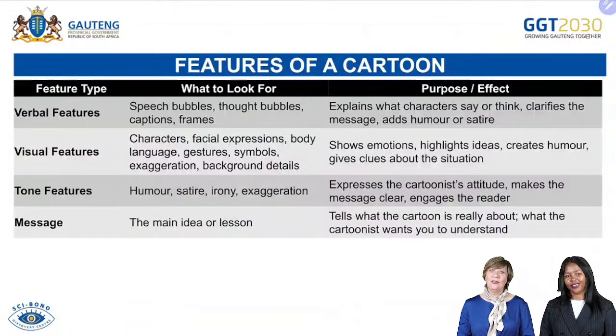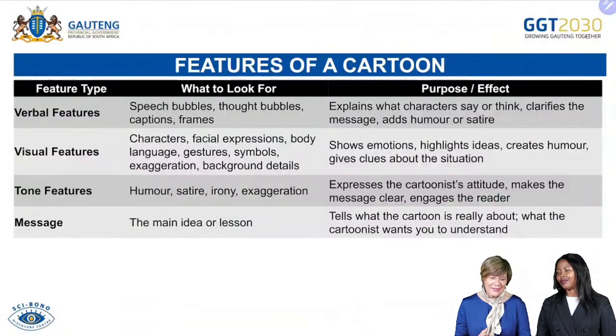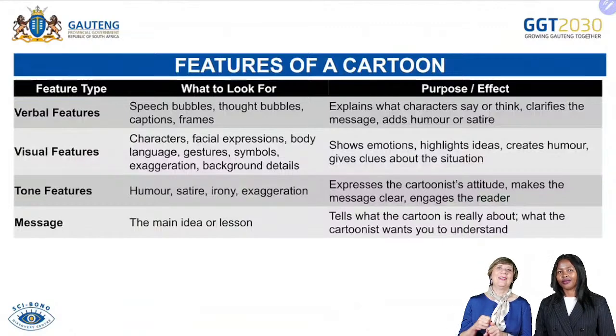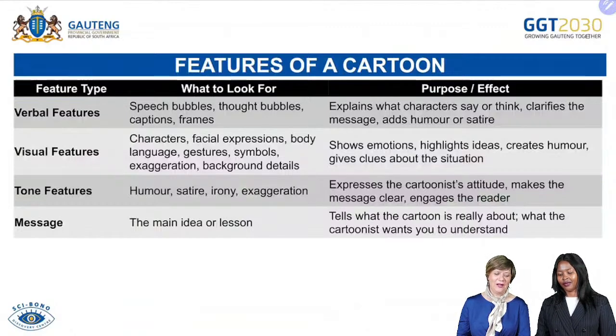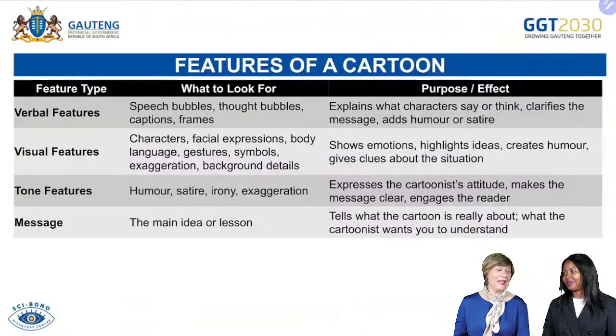Then we've got visual features, and in the exam we will probably use the word visual clues. This is where you look at your characters, their facial expressions, body language, gestures, symbols, background details, anything that tells us exactly what our characters are doing. Once again, together with the words, it will create humor and tell us what's really happening.